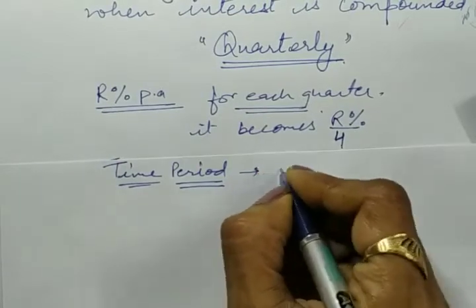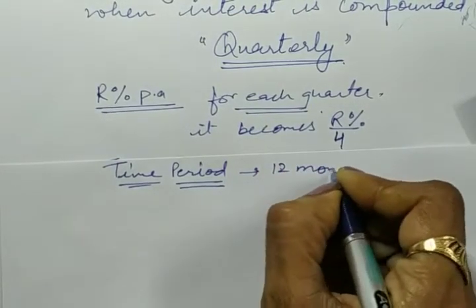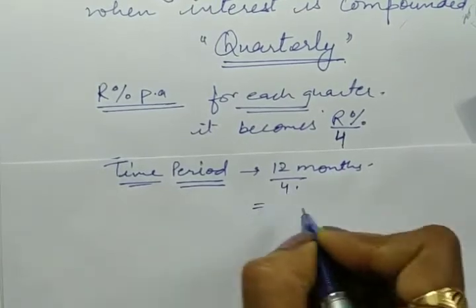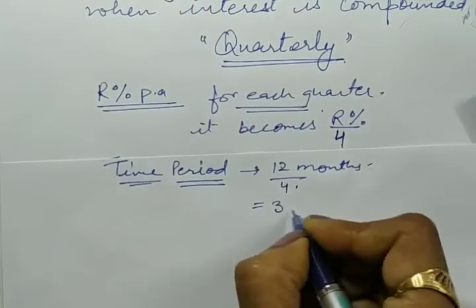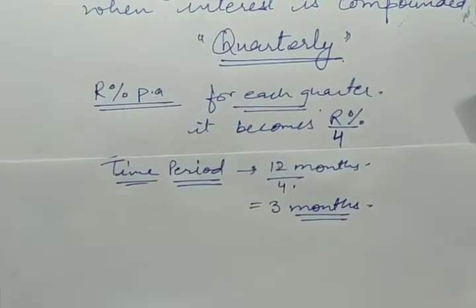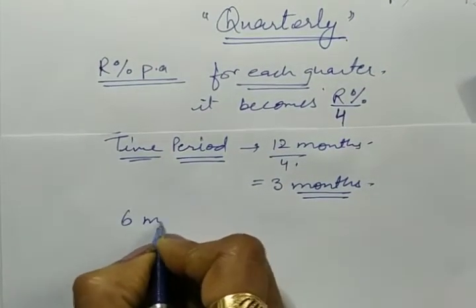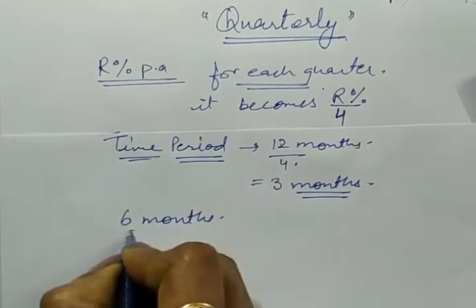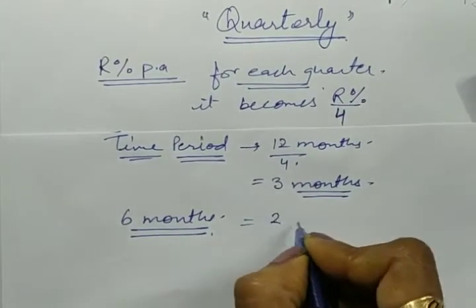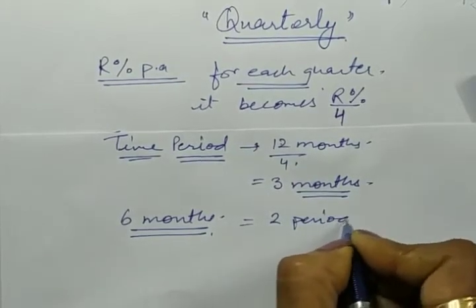As we know, 12 months divided by 4, that is, there are total 3 months in a quarter. And if I ask to convert 6 months in quarters, it means there are 2 periods of 3 months.